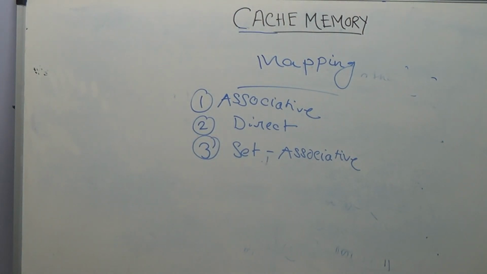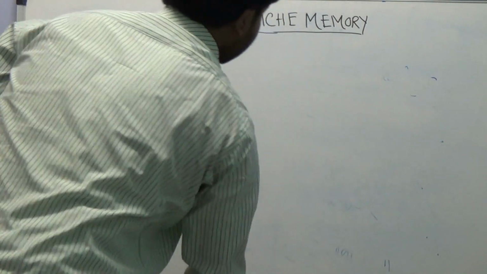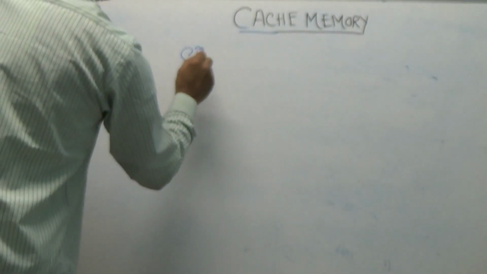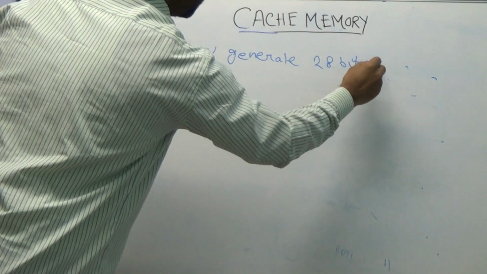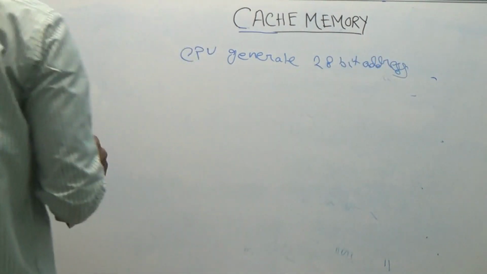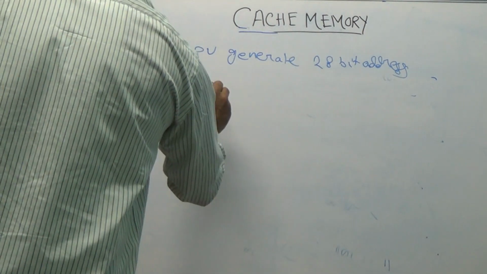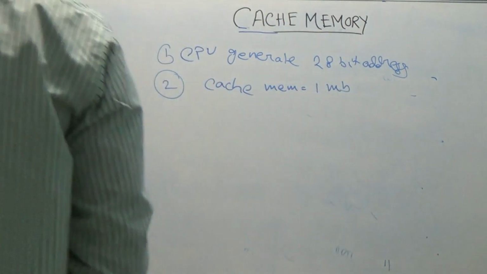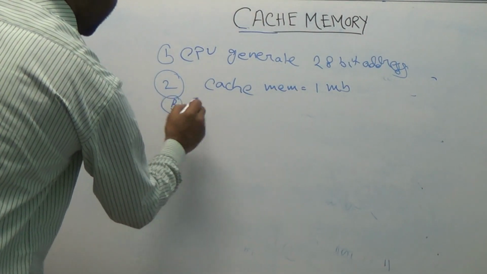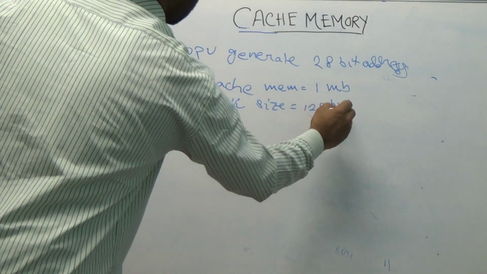Next, I am giving an example to understand the different cache mapping techniques. Suppose the given problem is: number 1, CPU generates 28-bit address. Number 2, the size of the cache memory equals 1 MB. Number 3, block size equals 120 bytes.